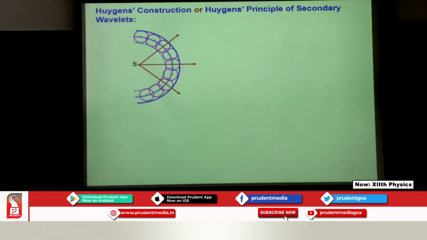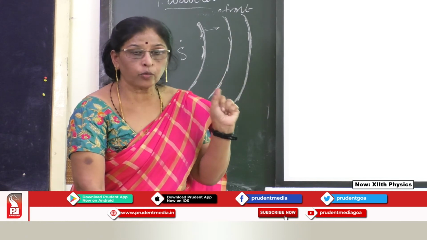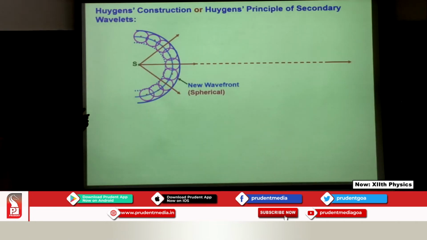Now it acts as the source and proceeds over here. So that is the new spherical wavefront. Now it progresses and moves forward. When it has moved to a distance, it forms a plane wavefront. Because at a distance, you're not able to see the entire circle.